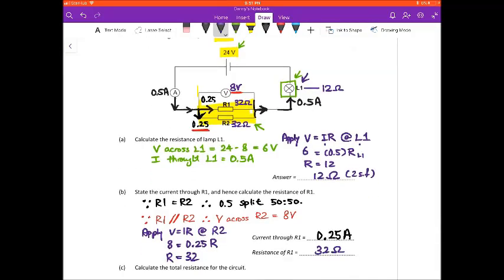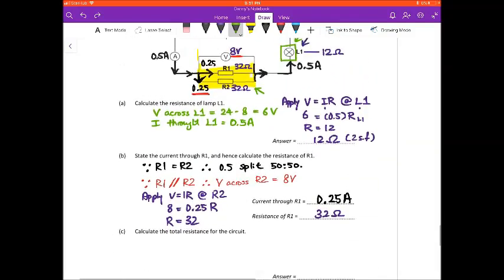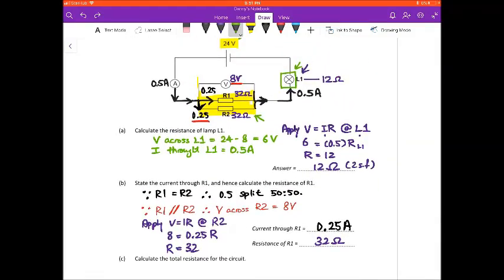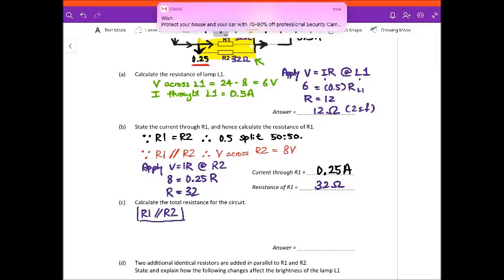So first you deal with this pair of resistor first, because they are together first. So I will have to deal with this. Then once I deal with this, the entire thing is in series with my L1.